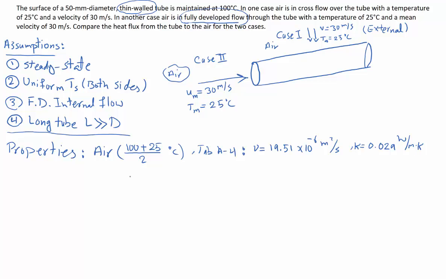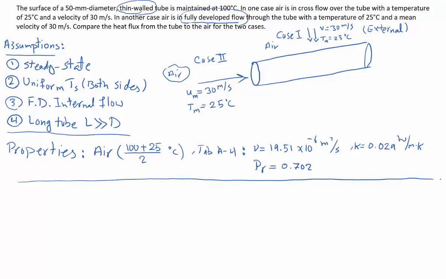And finally, I can look up the Prandtl number for air at this condition. Prandtl number turns out to be 0.702. Okay, once we have the properties at the average temperature, we can go ahead and solve the two cases.